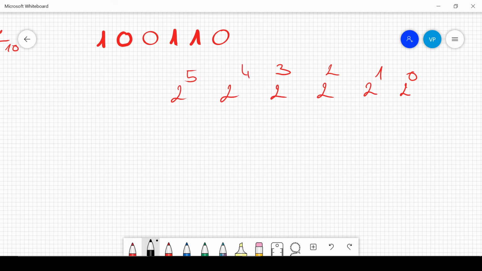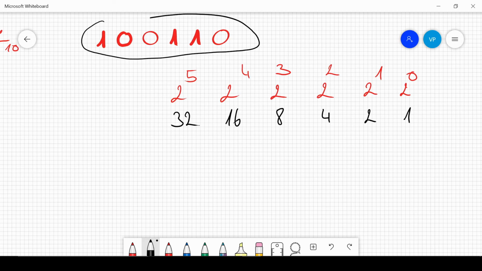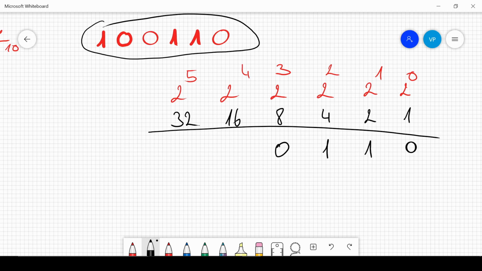And this will be 1, 2, 4, 8, 16 and 32. And now let's take this. Since we have in our numbers, we have 0 1 1 0 0 1.